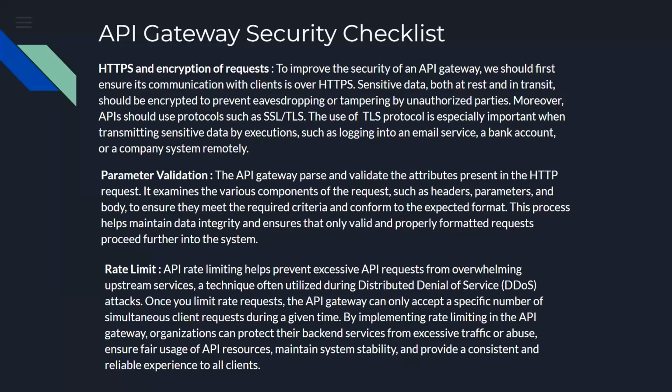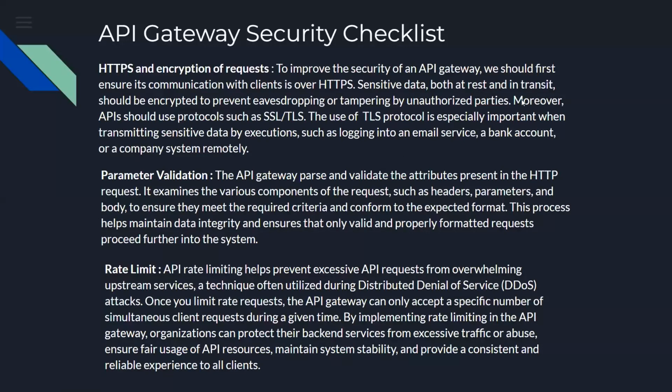We know how important it is to have requests that come over HTTPS. Now, I don't think there's any web application or service that is deployed which does not have a secure HTTP.